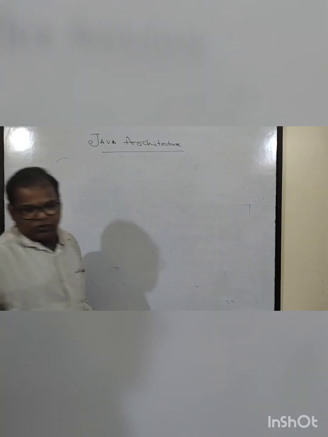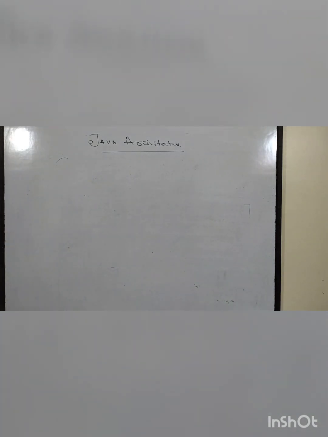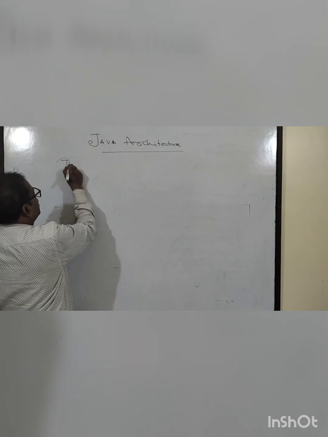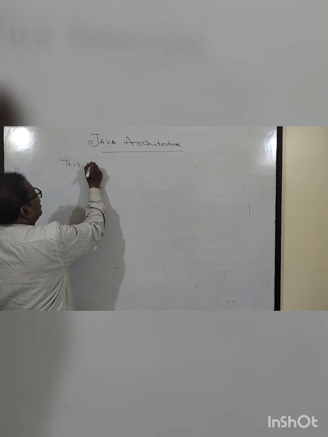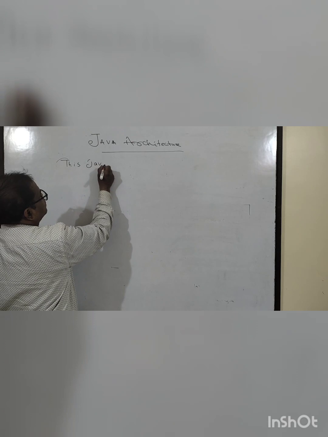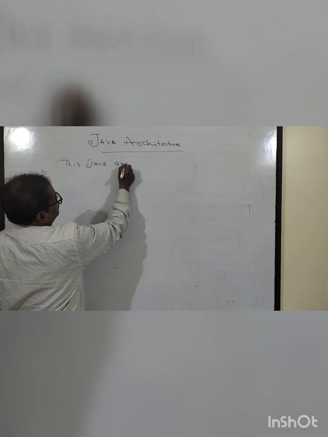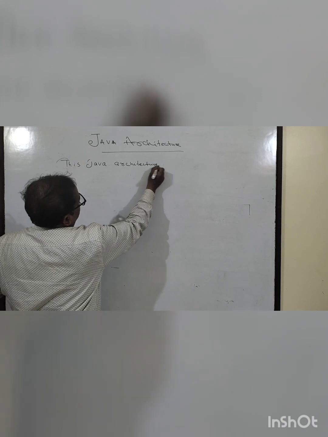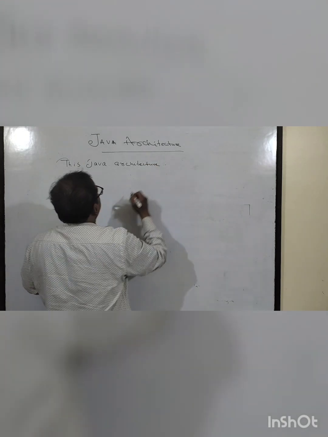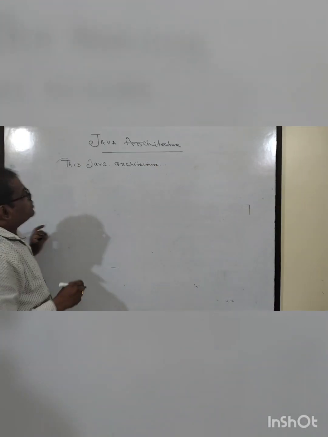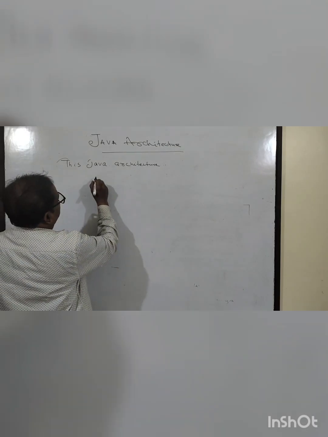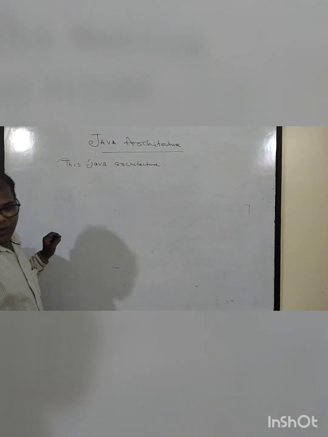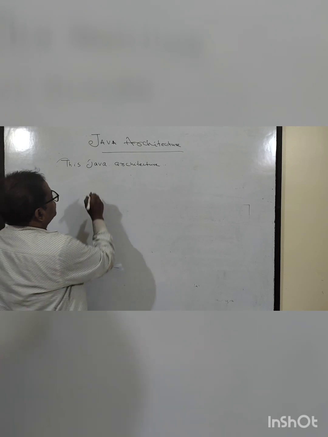Let's now discuss the different components here. This Java architecture has three main components. One after another we are going to discuss them now. Java Virtual Machine, JVM.